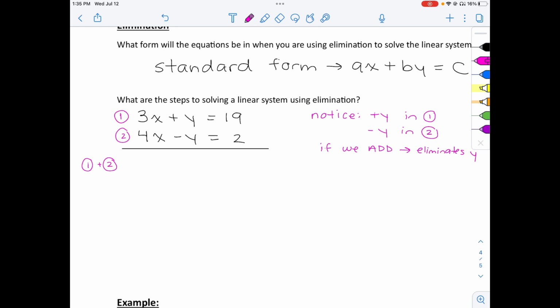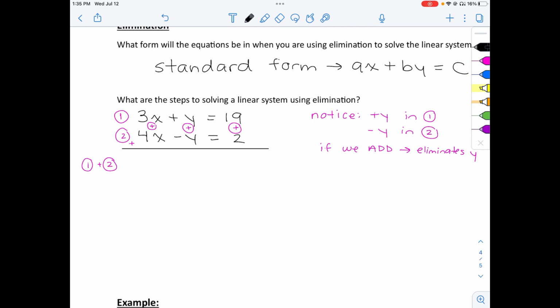Okay, so I usually will write a plus sign down here, but it's also helpful sometimes if you just show it between all of your terms so that you know what you are doing and you don't make any little mistakes with calculating. Okay, so because these are already both in standard form, they are lined up with our like terms. So my x terms are stacked, my y terms are stacked, and my number terms are stacked, and you're just adding between each column.